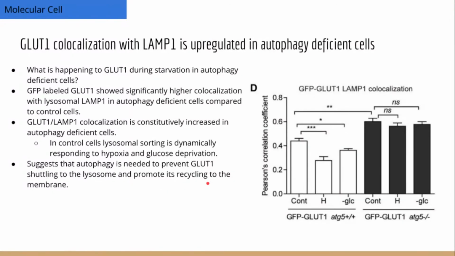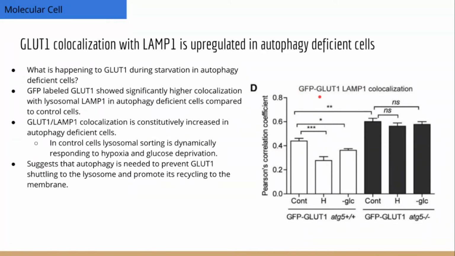In order to understand what is going wrong with GLUT1 trafficking, the researchers decided to fuse GLUT1 to GFP so they could literally see it in vivo and to see what compartment the GLUT1 ended up in. So they observed GLUT1 in autophagy-deficient cells, and it was significantly more co-localized with LAMP1. So they found that when they were using a LAMP1 antibody, they saw significantly upregulated co-localization between GLUT1 and LAMP1.